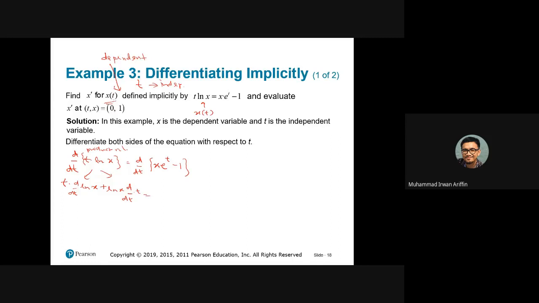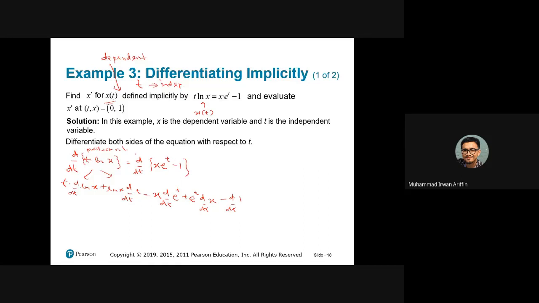We need to apply the product rule as well, because there is a t here and there is a t here, isn't it? There is a t inside here. So we have x d/dt e to the power of t plus e^t d/dt x. And then we have minus 1, right? So minus d/dt 1.